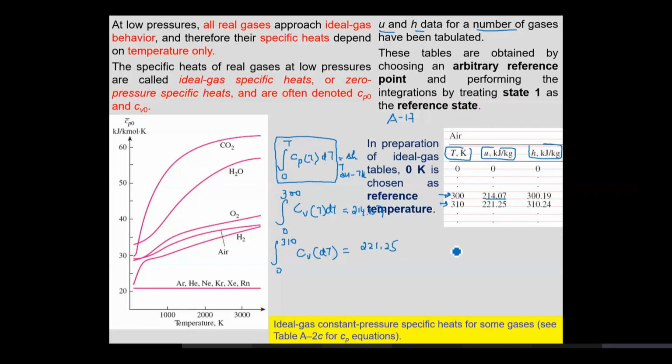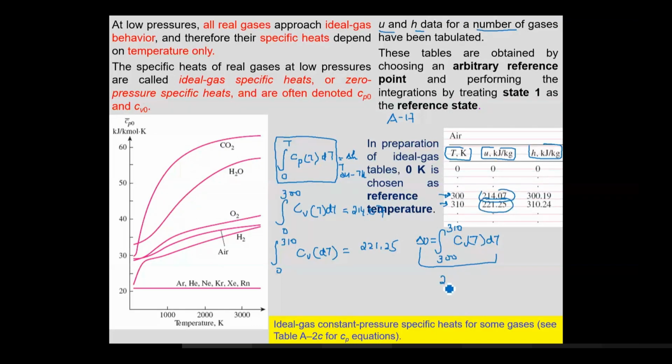So if I want to find out the change in internal energy from 300 to 310 Kelvin, integral Cv dT, I would essentially use the values 214 and 221 and take the difference.